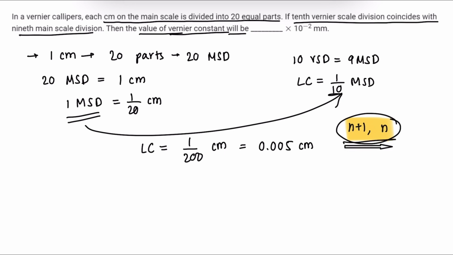So right here, when we're finding the Vernier constant, this would be our answer. But they asked it in a different unit, which is millimeters. We have to change it according to that. So this would be 5 times 10 to the power of minus 2 millimeters. So that's our Vernier constant.